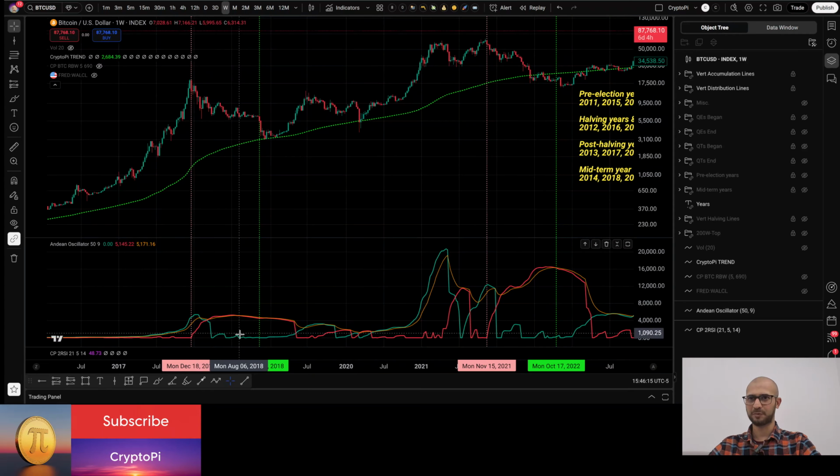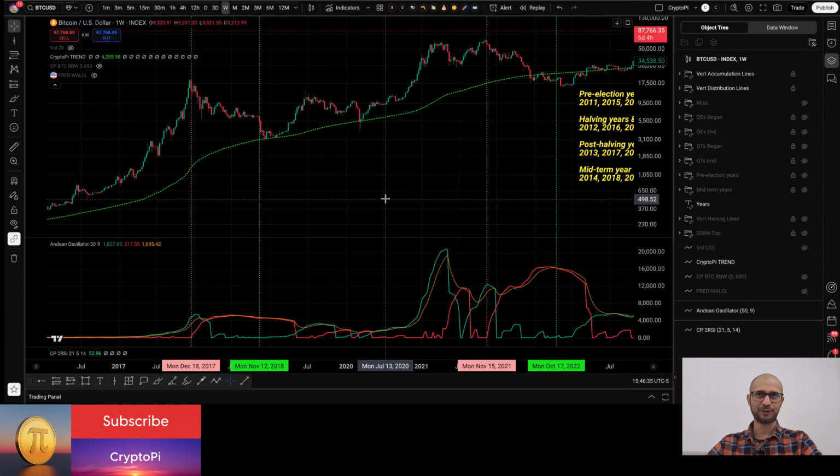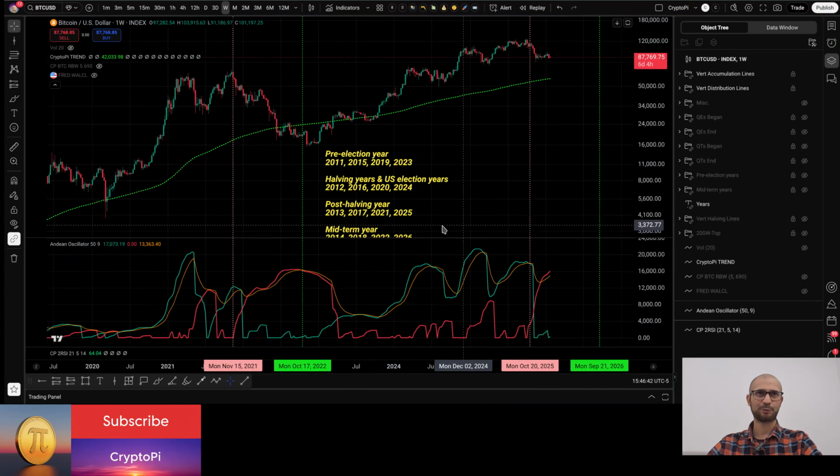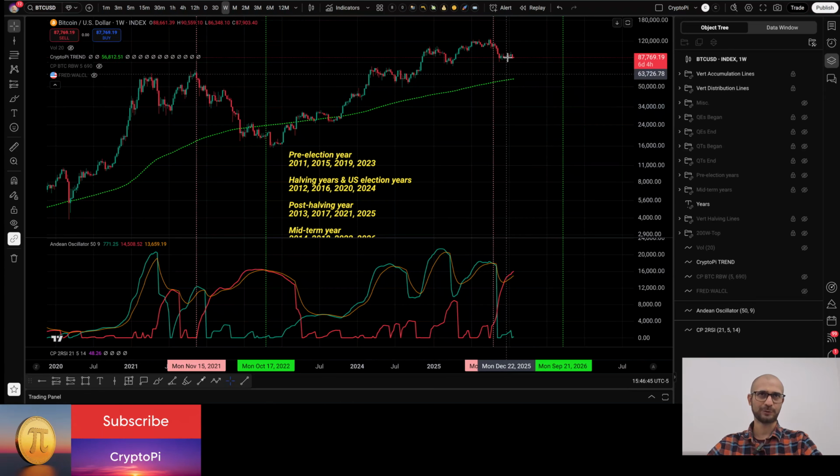We do get some rallies over here when the bullish component gains some strength, but it is so far away from the bearish component that in no way was the price going to cross and start a new rally. So this idea of a super cycle did not work out here. It did not work out here, and it's pretty likely that it won't work out in this cycle as well.